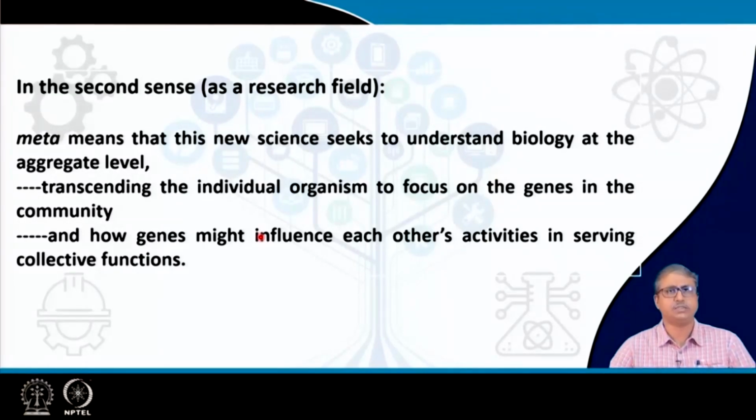And how these genes might influence each other's activities in serving collective function would also require methods through which we identify not only all the genes and their regulatory modules, like when we look at the open reading frame, but also how these genes might be controlled in terms of different environmental factors and changing conditions. It may be the changing conditions in a wastewater treatment plant, or, in countries like India, we have so much climate change, like the heavy monsoon, and sometimes a dry spell.